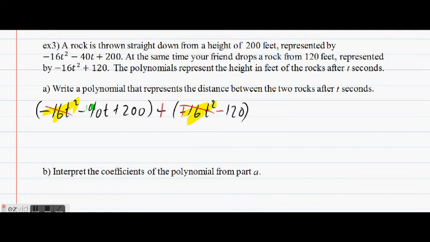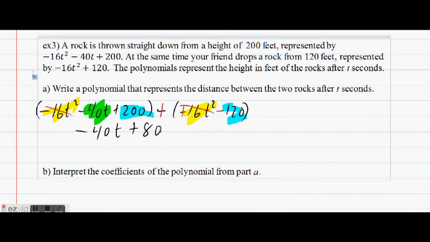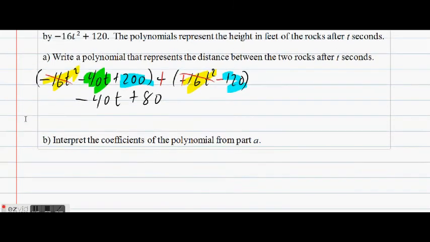Then I have negative 40t. But in the second polynomial, there is no t. So I'm just left with negative 40t. And then finally, you're 200 feet off the ground. Your buddy is 120 feet off the ground. Well, how far apart are you two? You are 80 feet apart. So that's the polynomial that represents the distance between the two rocks.